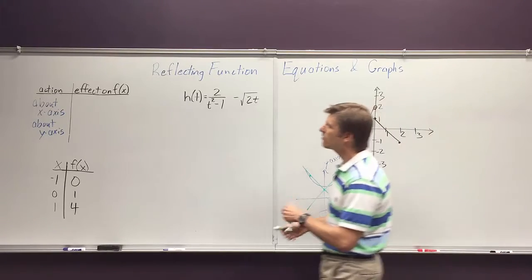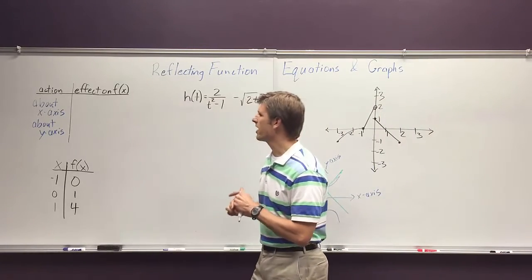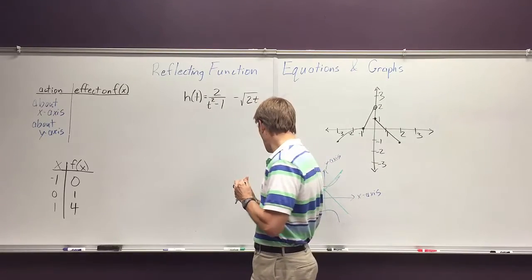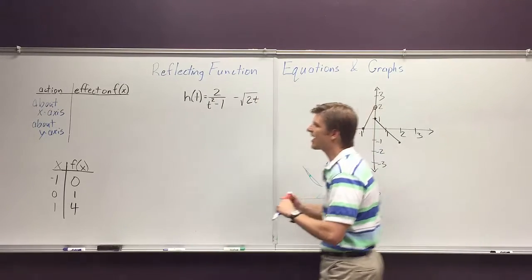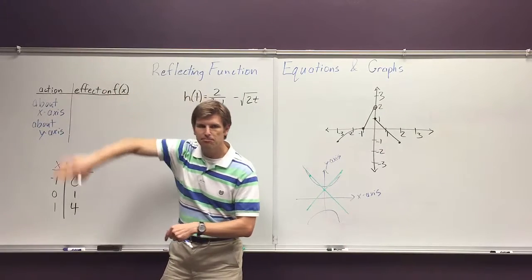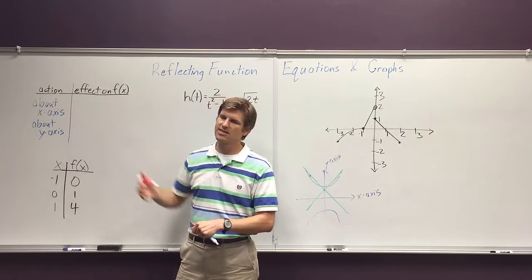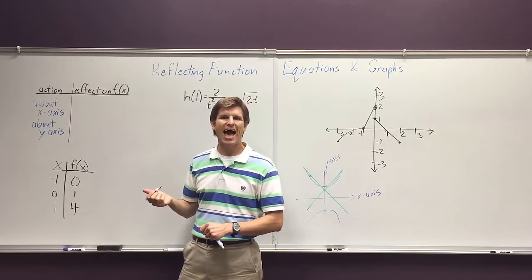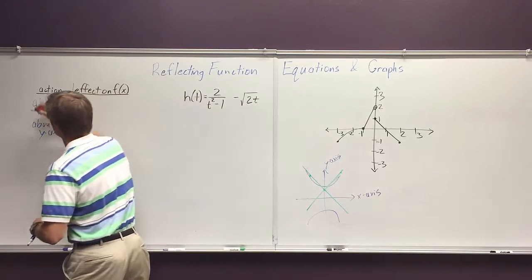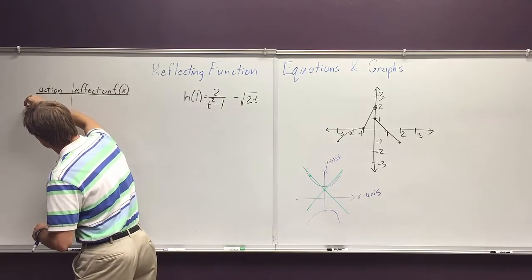Okay, so how do you do something with the equation f of x? Well, the x-axis, right? Things above and below the x-axis have entirely to do with the output.